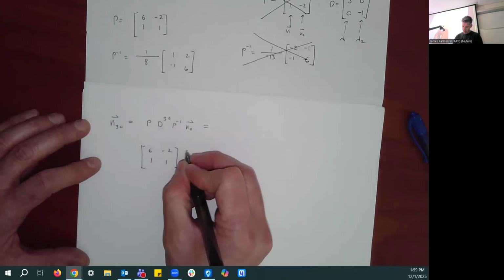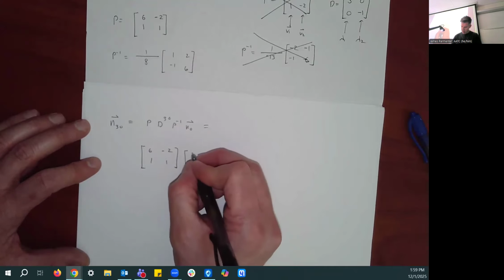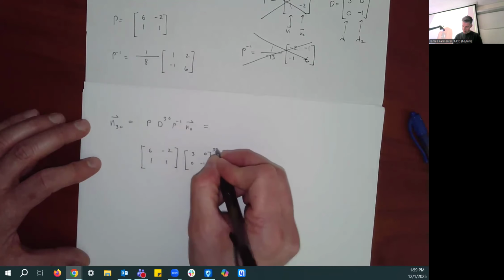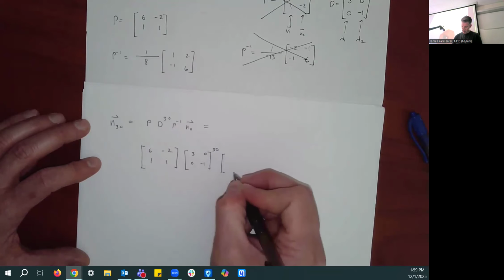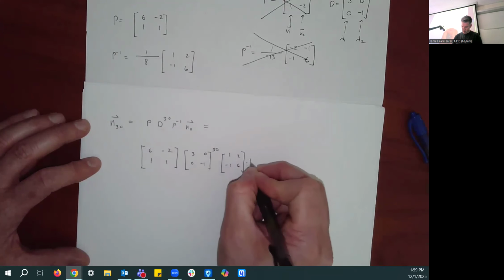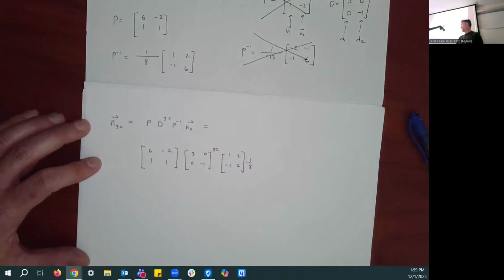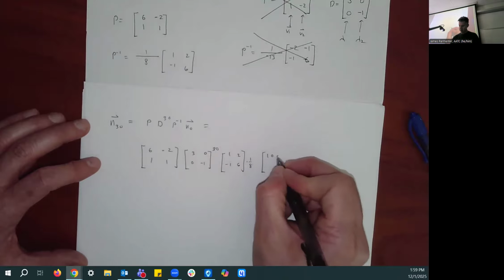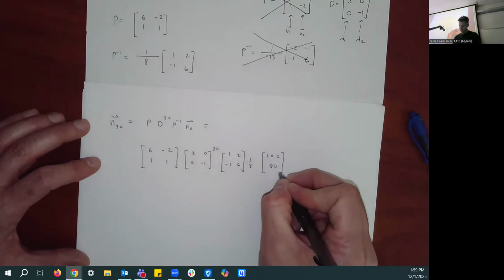Here's your P, here's your matrix D, 3, 0, 0, negative 1, to the 30th power, times your P inverse, which is 1, 2, negative 1, 6 times 1/8. It doesn't matter where the 1/8 goes, really. Put it all the way up in front of everything if you wanted to. Times your initial vector, which was 180.